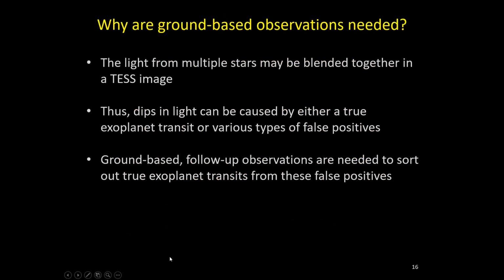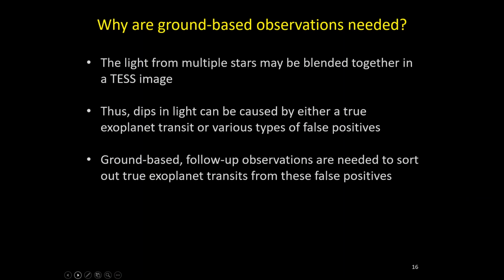The reason for that is because we need to do ground-based observing. Now, why do we need to do ground-based observing? We have this wonderful telescope up in space, above our atmosphere. But the problem is that in doing an all-sky survey, TESS has very large pixels. Because of that, as we'll see in an example in a minute, light from multiple stars gets blended together in a TESS image.